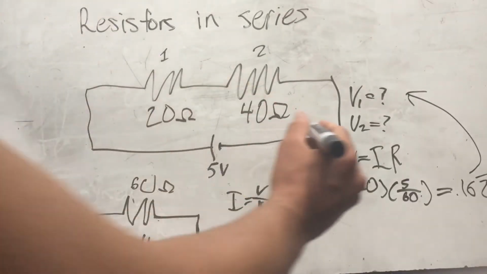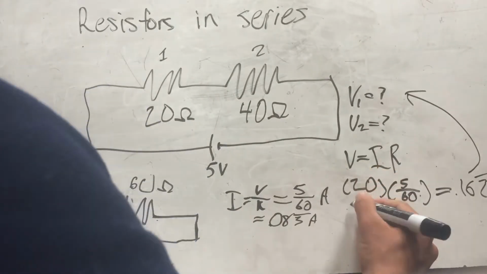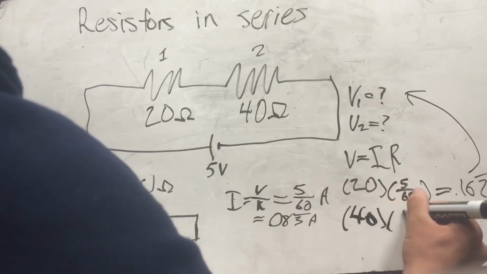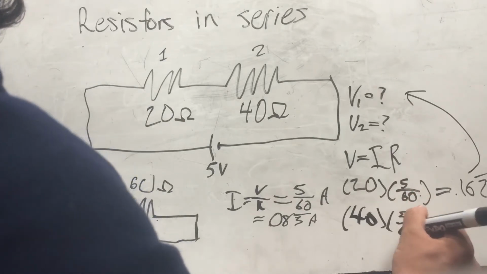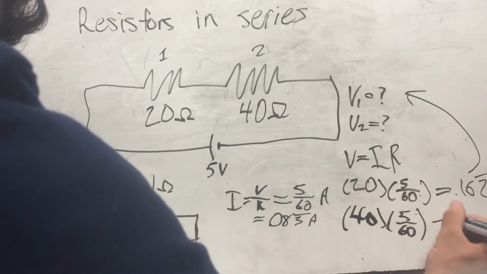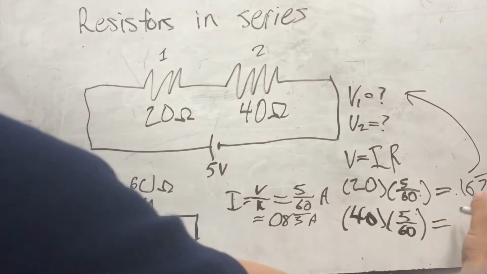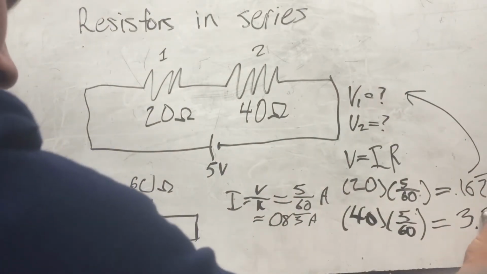And then we can plug in 40 and 5/60 for the current, and get 3.3 volts.